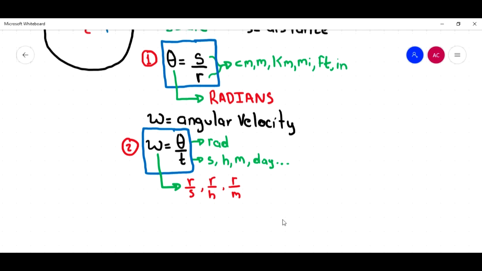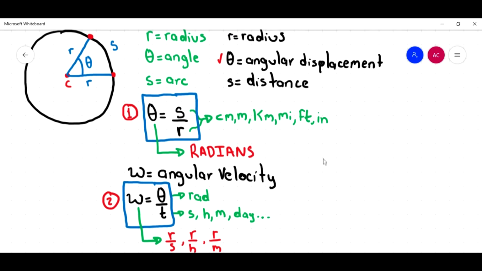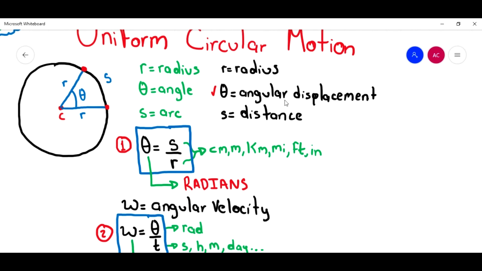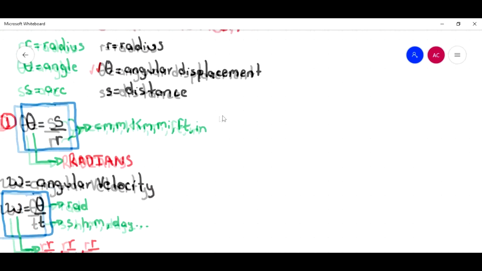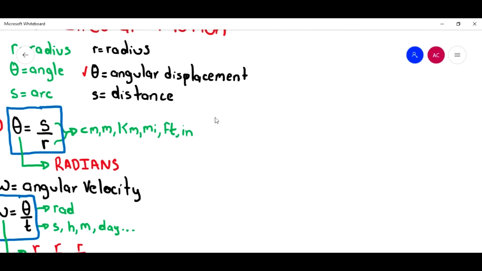Now, most of the time in the problem they are not going to tell you an exact number for the angular displacement. Let's say this person displaced 2 radians. No, they're not going to say that. In many problems they're going to mention something different. For example, they're going to say that the person traveled a circle, one circle.